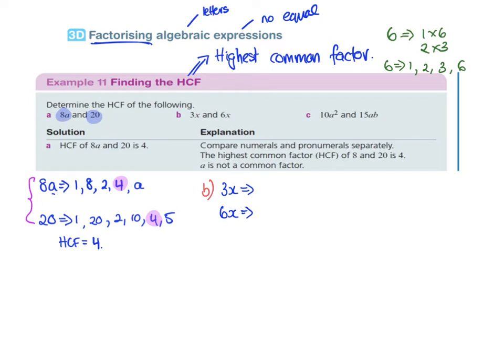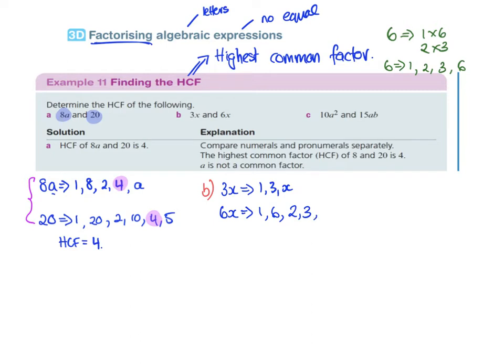What things can I times together to get 3? 1 and 3, good. So I've only really got 1 and 3, and I'm going to put the x in there. Now, what about 6? We can do 1 and 6. What else can we do? Yeah, 2 times 3.